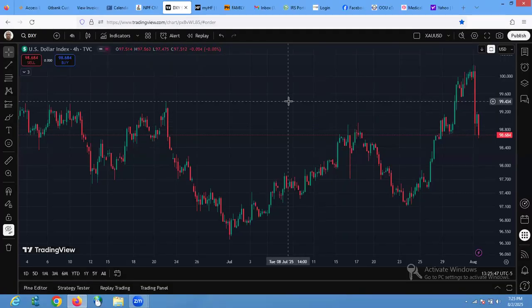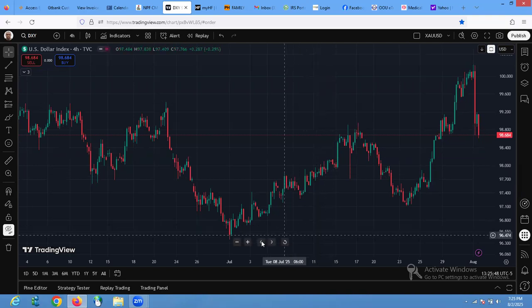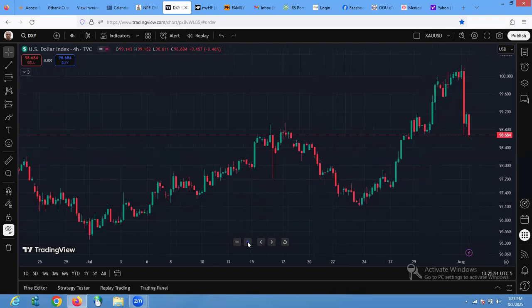Let's go to our chart. Like I said, navigating trading with complete price action means that the price action has to close properly before you begin to interpret.